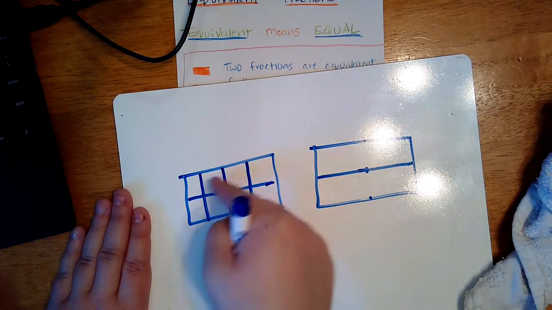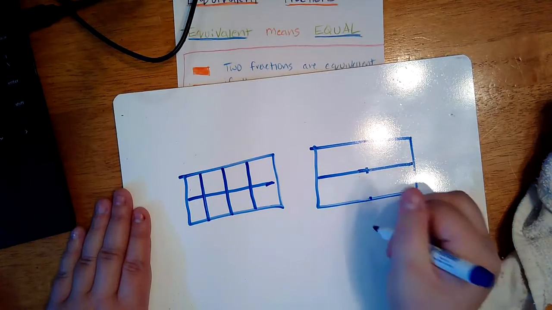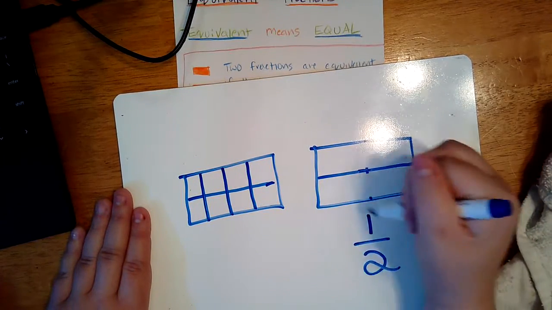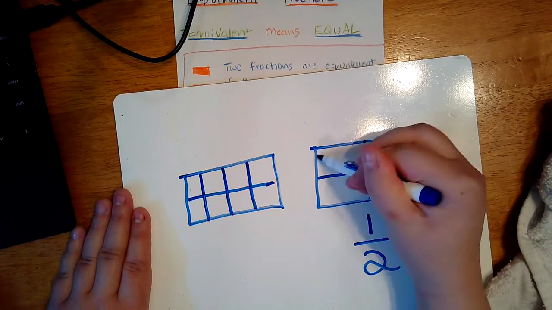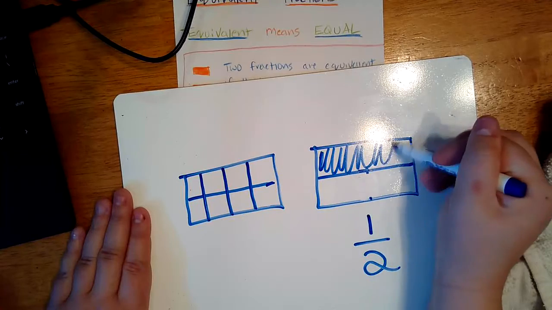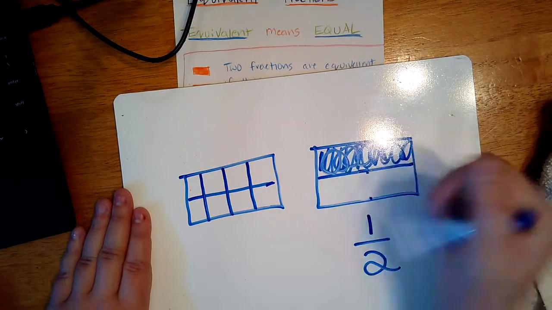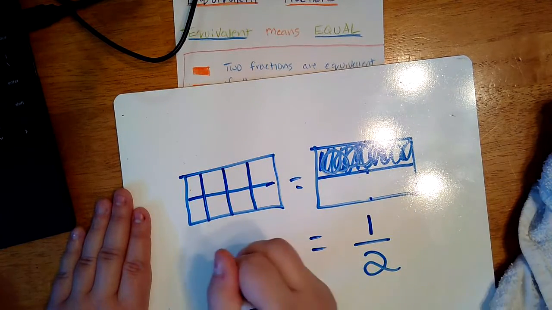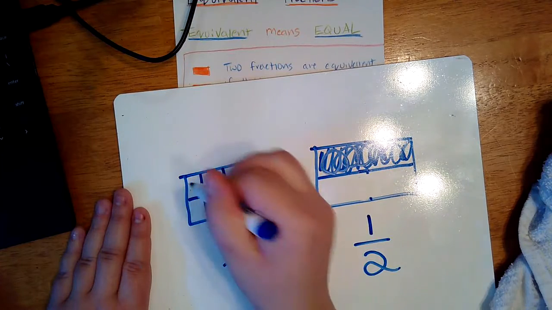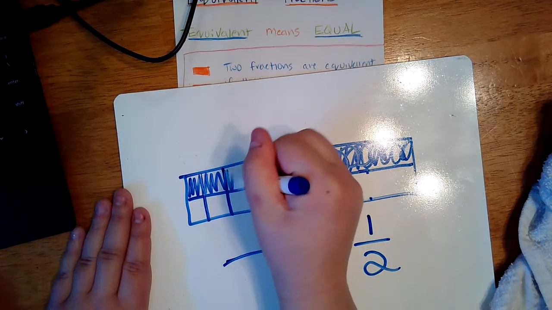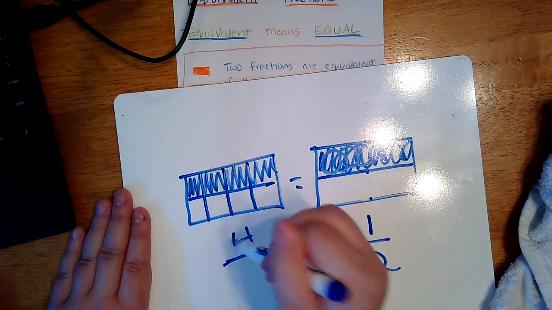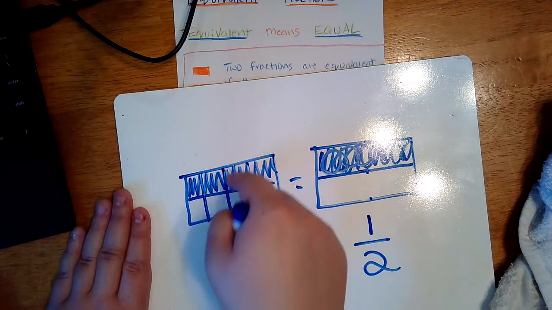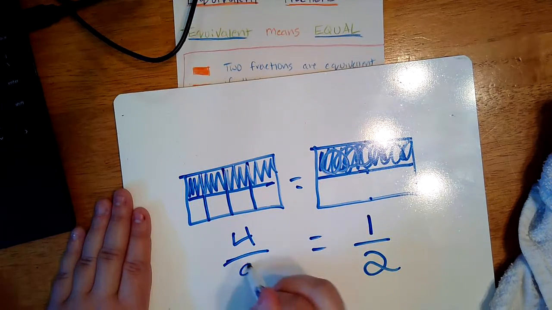Now, I need to divide it into 8 pieces. 1, 2, 3, 4, 5, 6, 7, 8. Beautiful. Okay, 1/2. Here's my 2 pieces. I'm going to shade in one part because that's what the numerator is, 1. Okay, now to make it look the same, I need to shade in 1, 2, 3, 4. And there were 1, 2, 3, 4, 5, 6, 7, 8 total pieces.